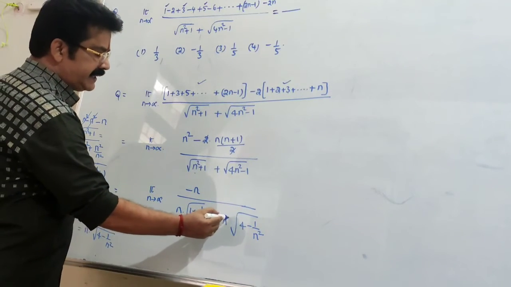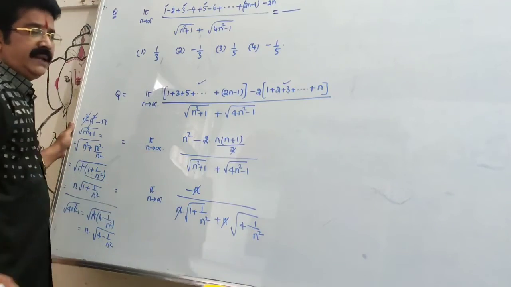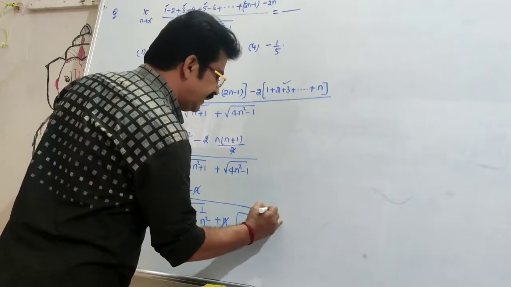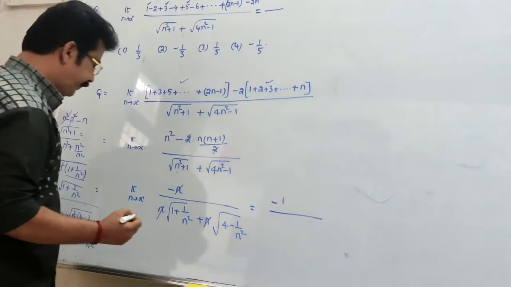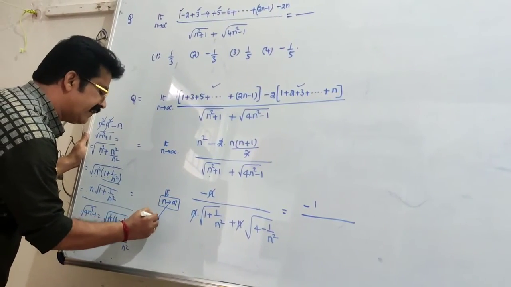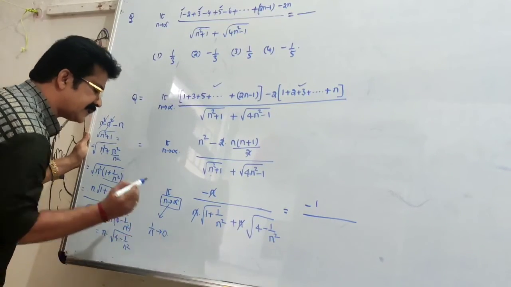So therefore, in the denominator n is common and in the numerator n, so it will be cancelled. So that is equal to minus 1 whole divided by, as n tends to infinity, 1 by n will tend to 0.